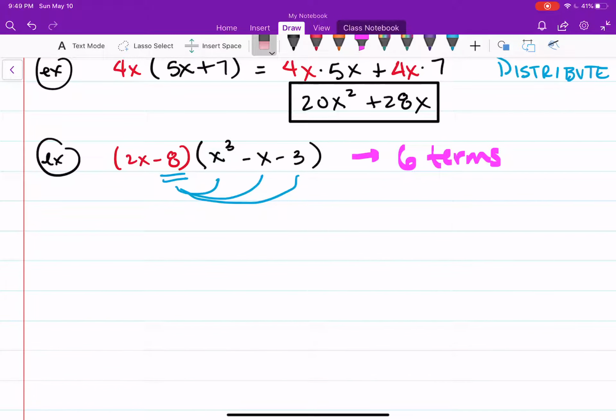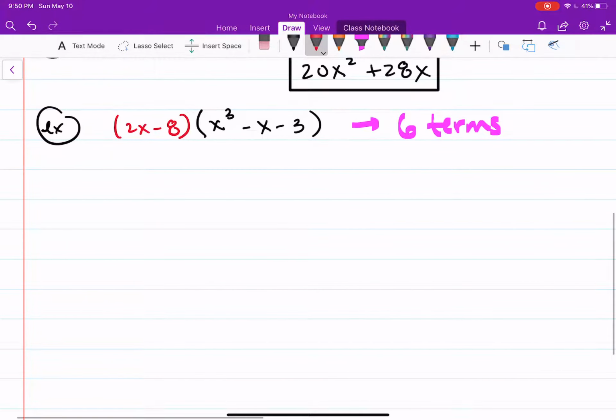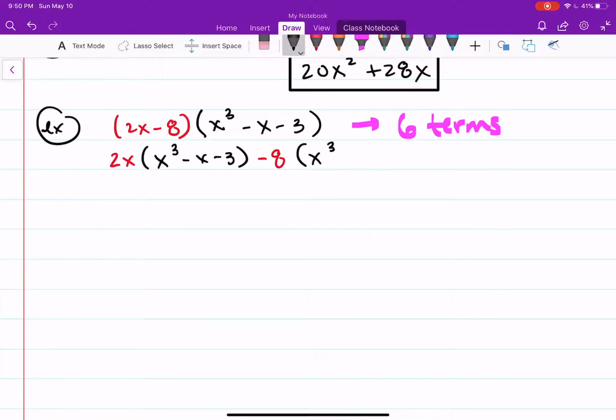If I was to write it out, and I would recommend this if you're not good at drawing those lines or being organized with drawing those lines, write down the first one and multiply through with x cubed minus x minus 3. Then take that -8 and distribute it to x cubed minus x minus 3. This way is a lot easier to see what you're doing.